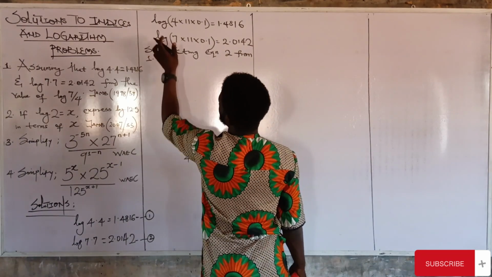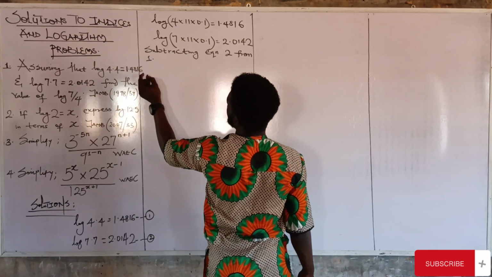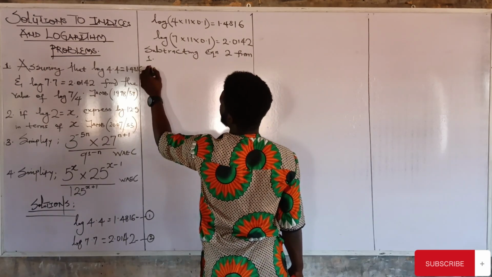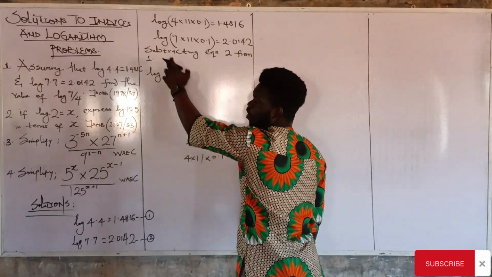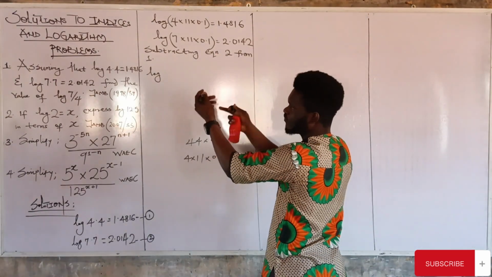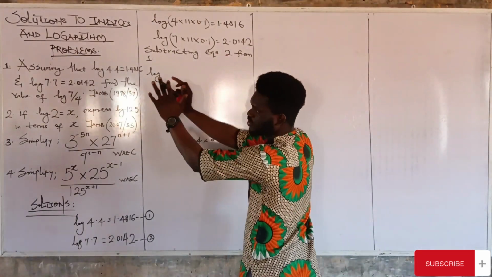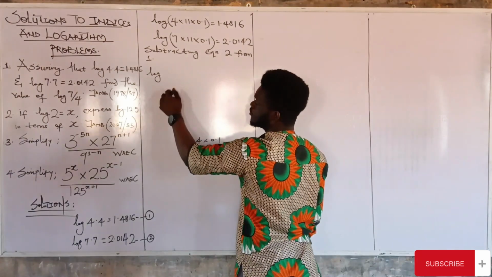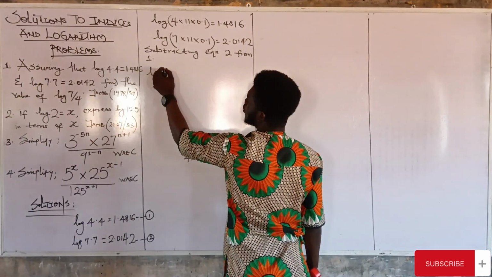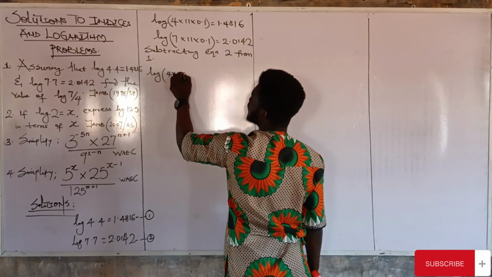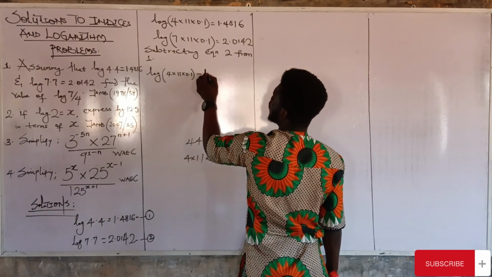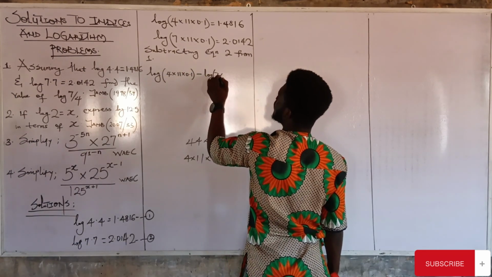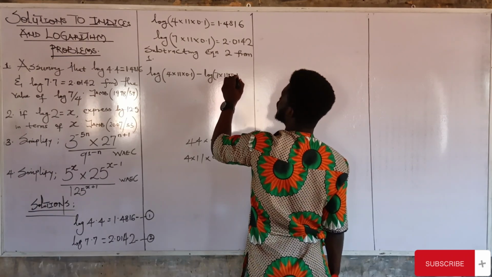So when you are doing that, we mean that everything here subtract what we have here. So we are going to have log. I'm just trying to follow the system of indices. There are other procedures that can provide a solution to this, but let's follow the system of logarithm and indices because that's what we are teaching. So log 4 times 11 times 0.1 minus log 7 times 11 times 0.1.